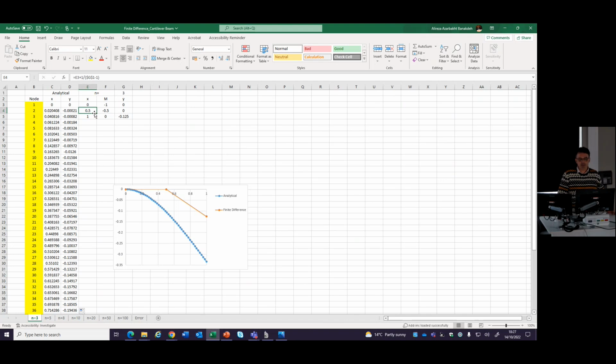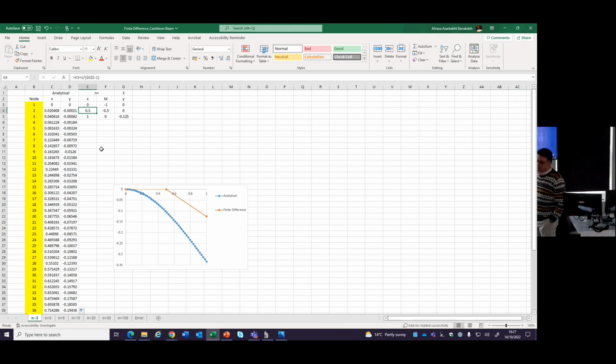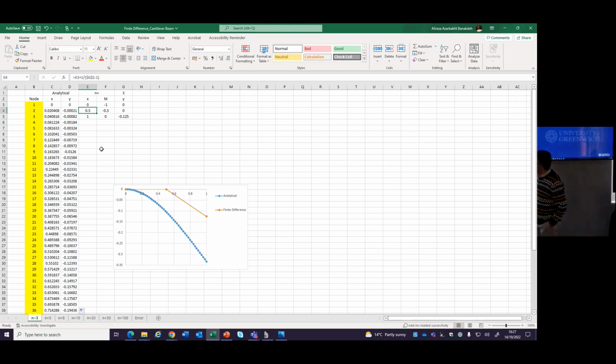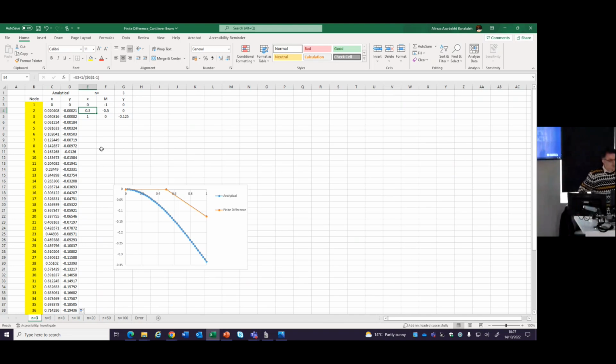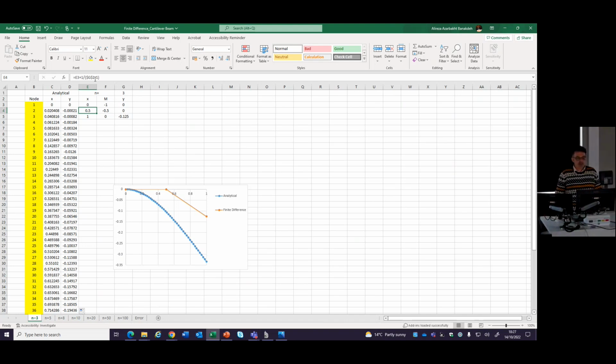Why did I put a dollar sign here? This is a beautiful trick that you should know. When you say G1, if I say G1 in this formula, G1 is this one, and 1 here represents n.